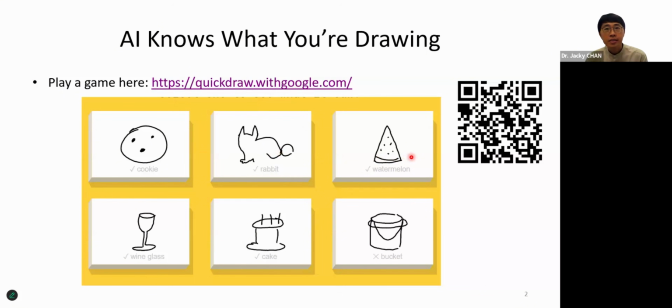Essentially, it collects many examples of related drawings from different people, and then it learns the patterns from these drawings, such as what cookies and rabbits look like. This allows the system to recognize new drawings.